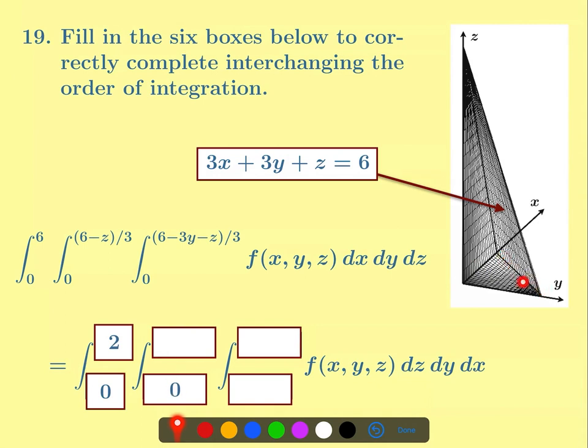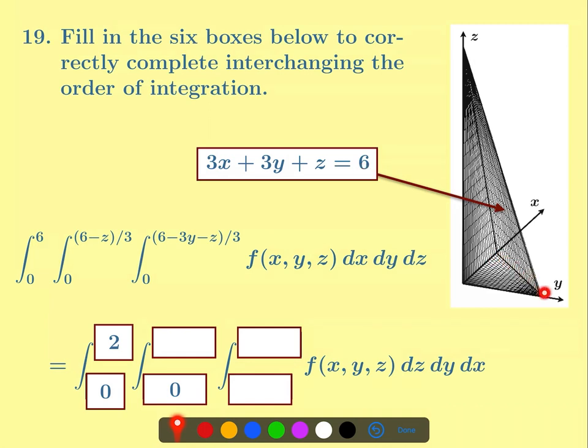But what's this line? Well, again, if we want to know where this line is, it's the intersection of the plane we were just talking about with the xy plane. And on the xy plane, z equals 0. So I just set this equal to 0. And the intersection then is 3x plus 3y equals 6. I can divide by 3 there. I'll have x plus y equals 2.